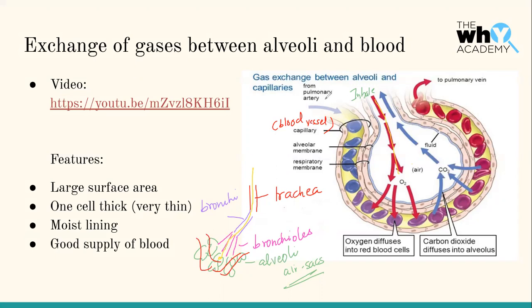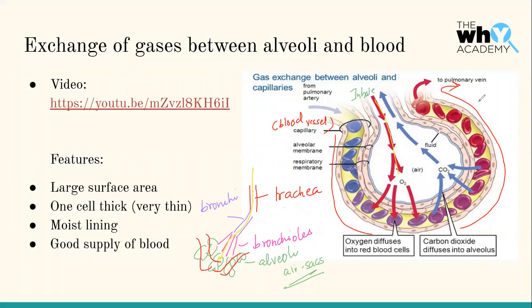As you would know, a capillary, being a blood vessel, carries blood cells. The blood cells travel through the capillary in this direction, as the arrow shows. When they pass next to the alveoli, oxygen is taken in and carbon dioxide is given out, and they move ahead.